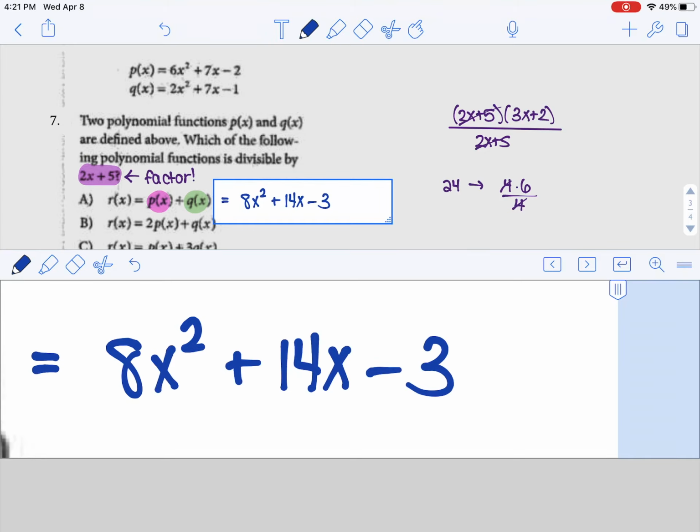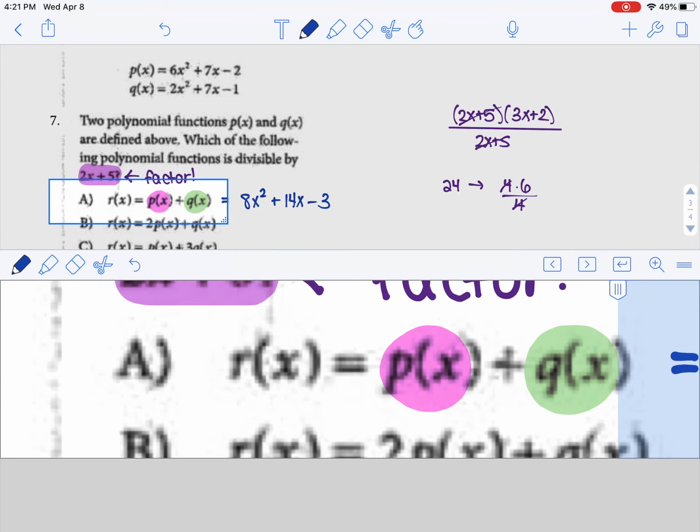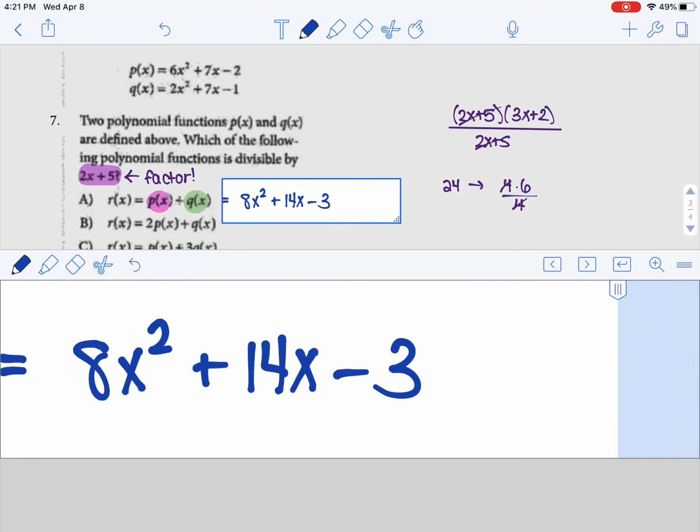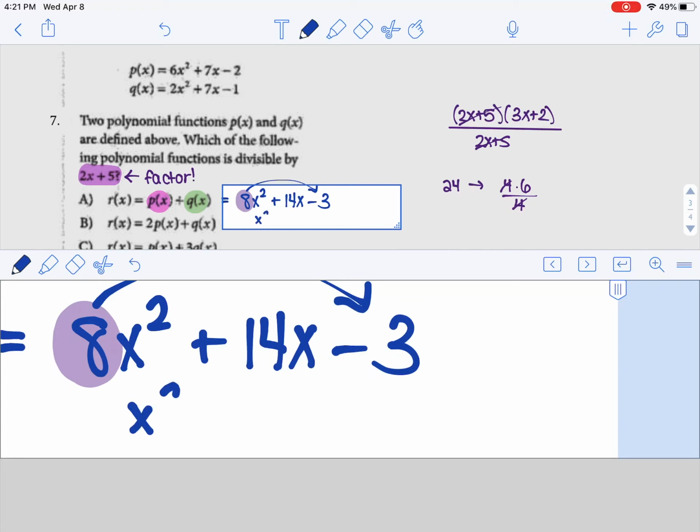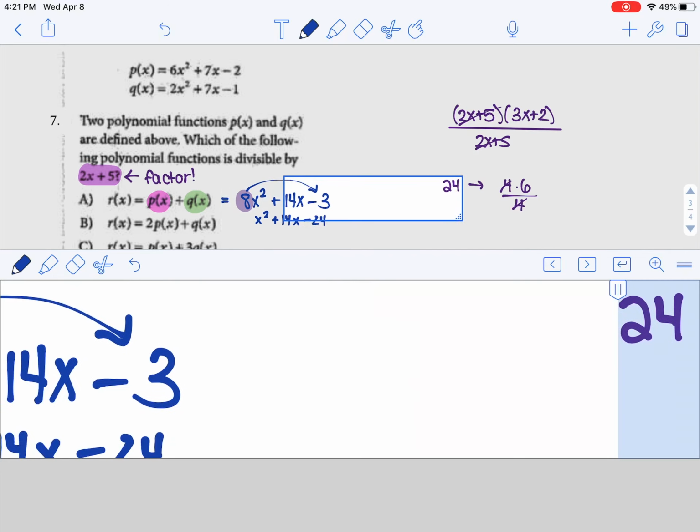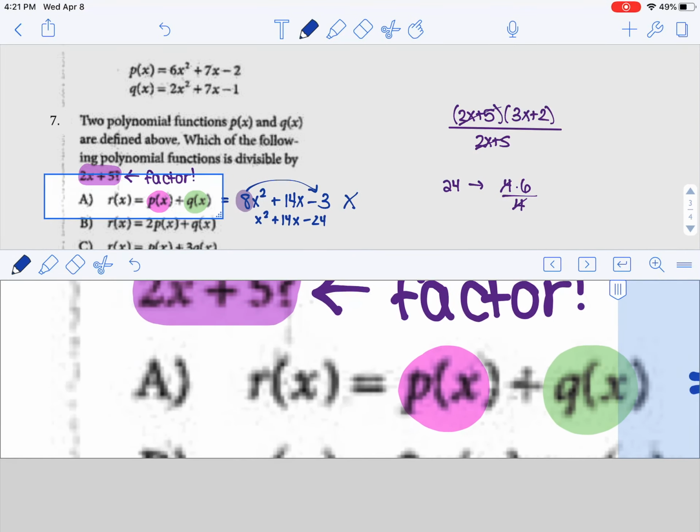And if 2x plus 5 is a factor, then that means it's divisible by 2x plus 5. So that would be your answer choice. So in this one, if I try to factor this, and I multiply 8 here using slide and divide, there are no factors of 24 that would add or subtract to 14. So this one's not factorable, so A is not the correct answer.